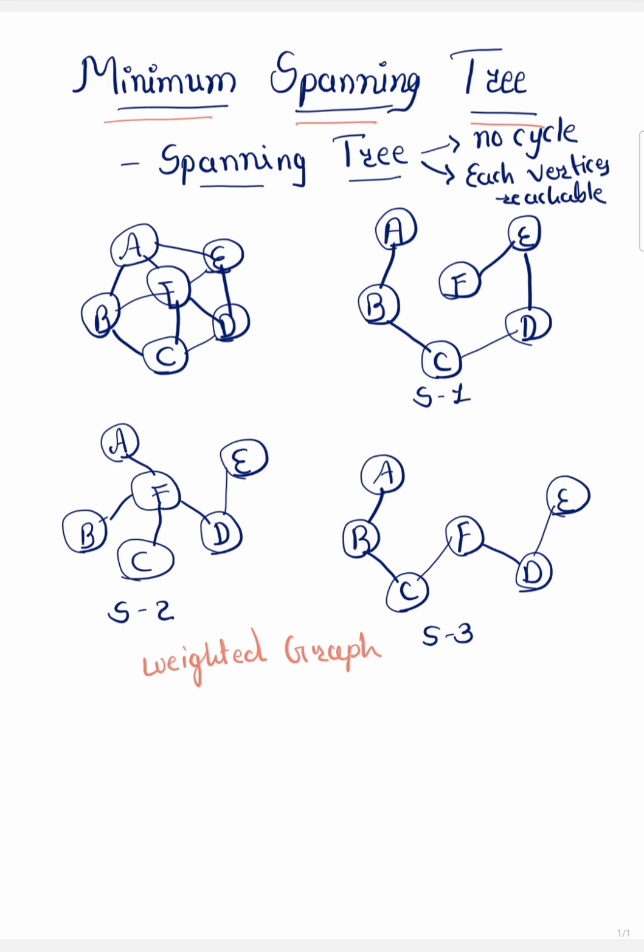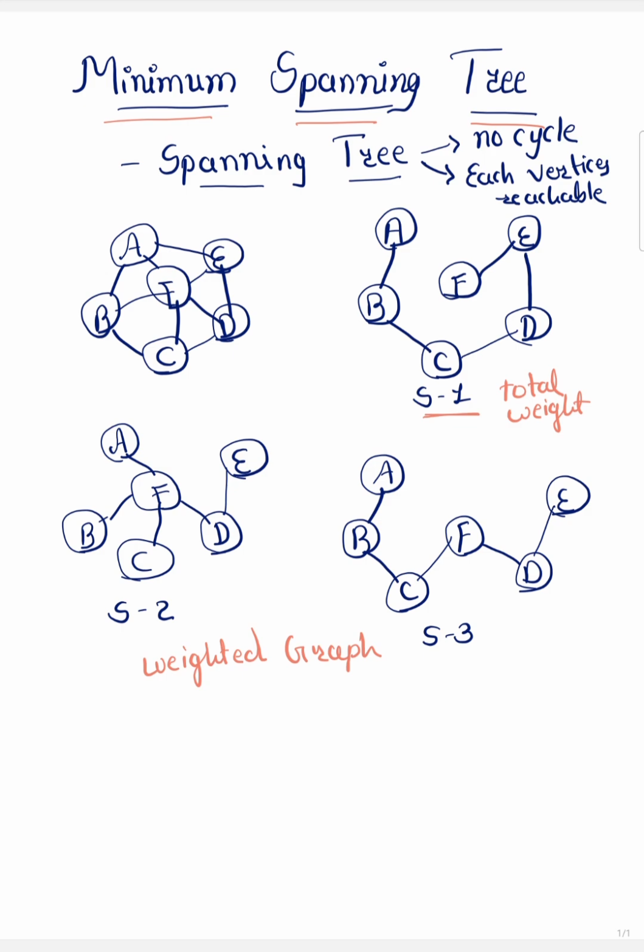So we need to assign the weight to particular edges, and for a particular spanning tree, suppose this is my spanning tree 1, I need to count the total weight, right? So I need to sum up the weights available on those edges, and whatever is minimum, that could be my minimum spanning tree, right?